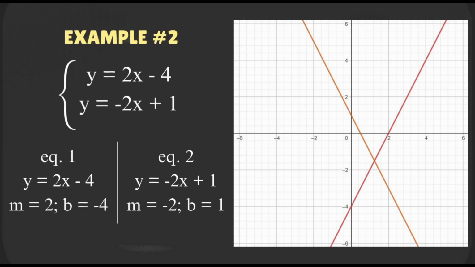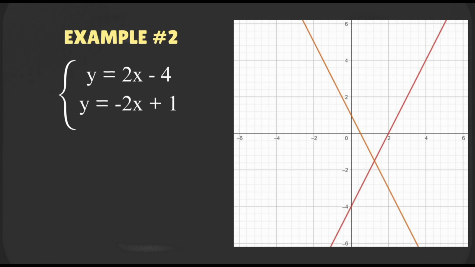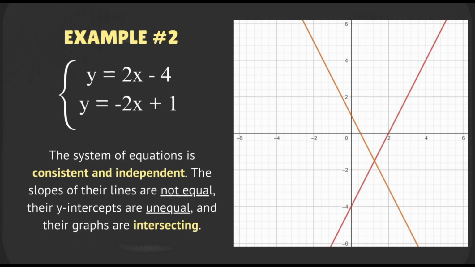And in equation 2, our m is negative 2 and b is 1. So it will give us this graph. Therefore, the system of equations is consistent and independent. The slopes of their lines are not equal, their y-intercepts are unequal, and their graphs are intersecting.